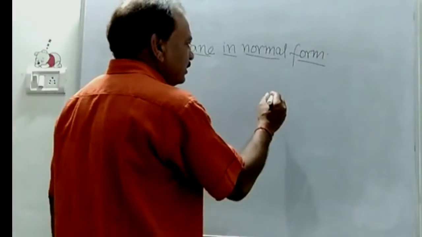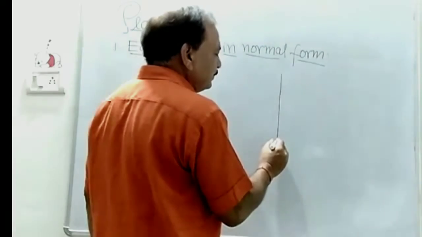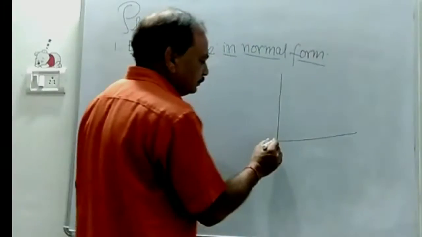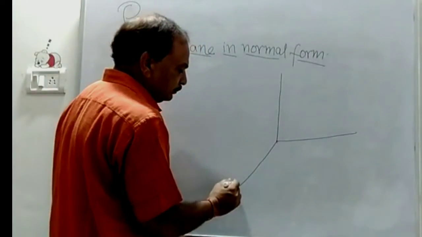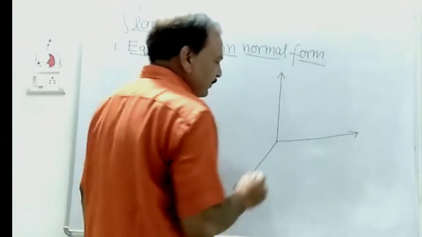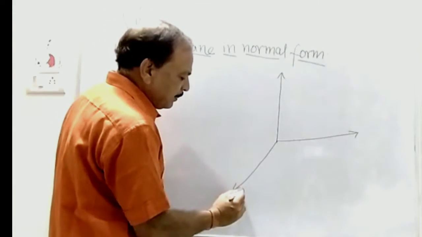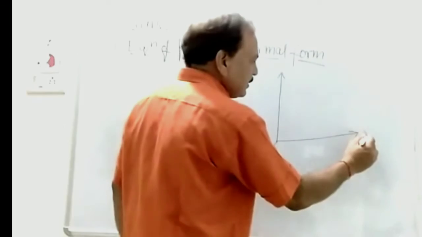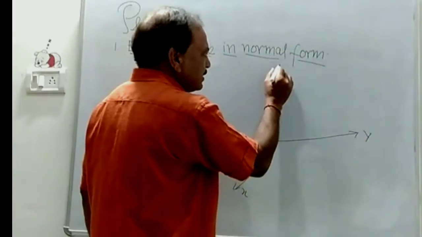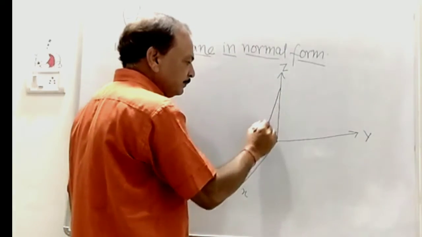To find the equation of the plane in the normal form, here you see, this is the x-axis, y-axis and z-axis.